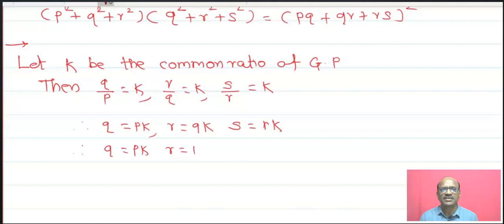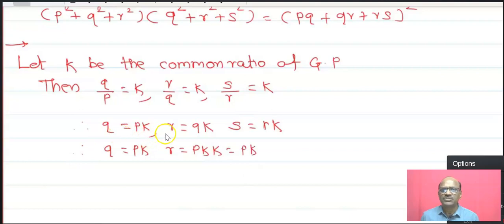Therefore, now we'll substitute the value. Now the basic value of Q is Pk, R is equal to Qk. The value of R is Pk into k, that is Pk square.